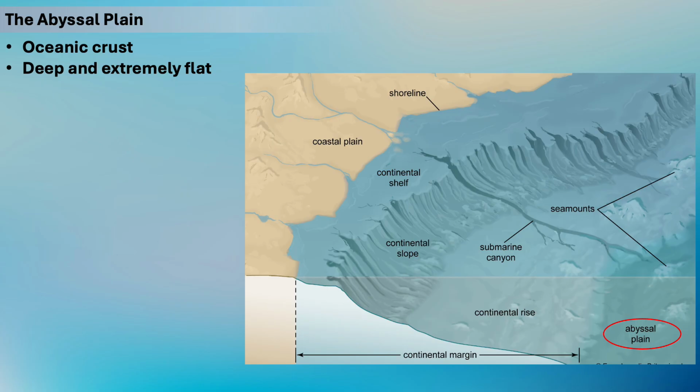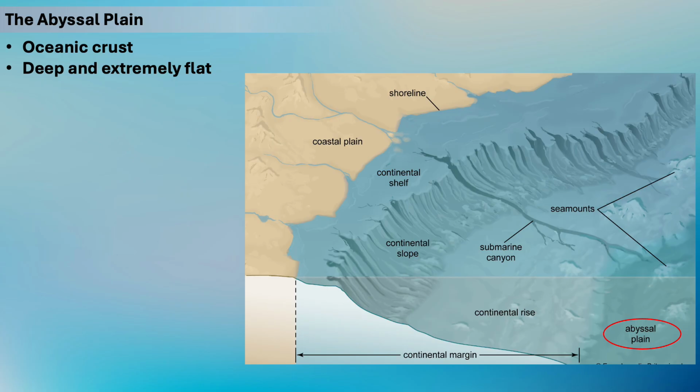Remember, as I said earlier, this transition from continental to oceanic crust does not occur at the shoreline and is not marked by a sharp surface boundary. Instead, continental crust thins progressively across the continental margin, and the true transition to oceanic crust occurs beneath the deep ocean basin, beyond the continental rise.